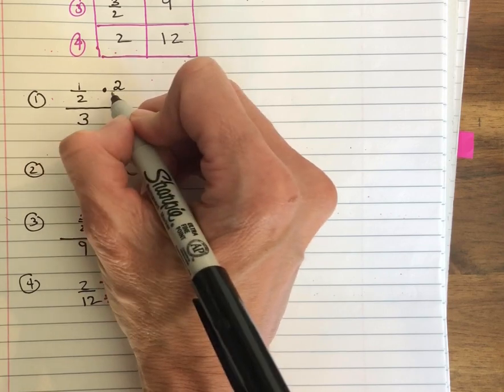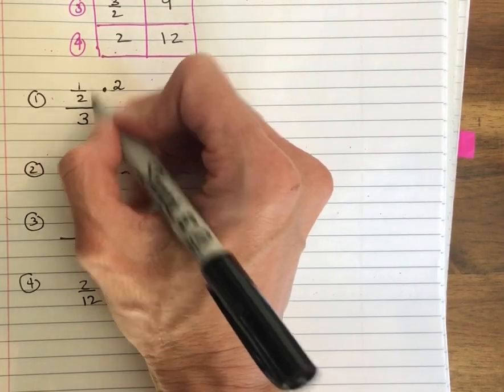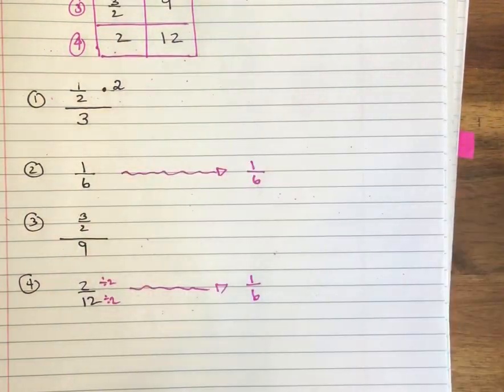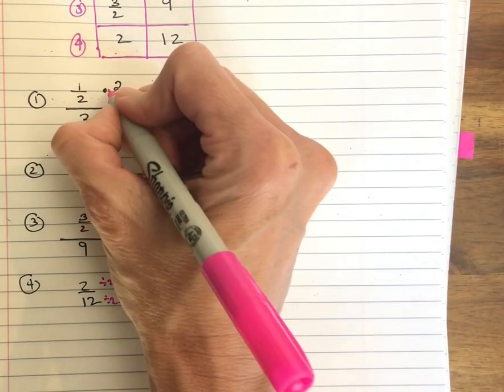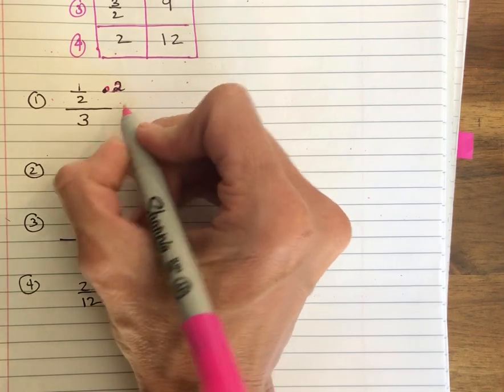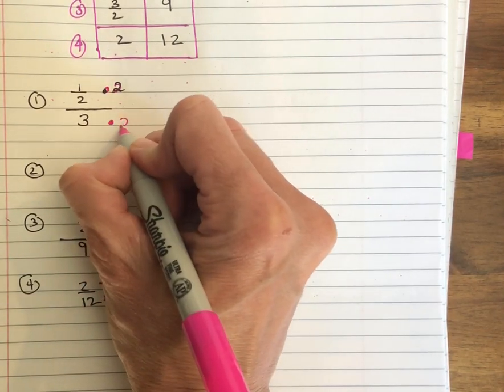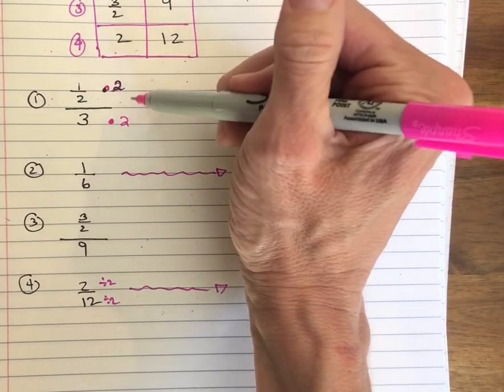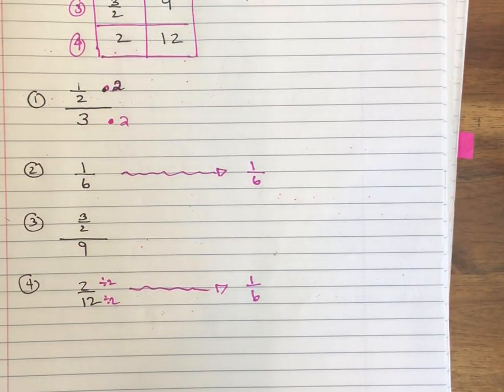Now be careful, because if we keep this fraction equivalent, whatever we do to the numerator, we also have to do to the denominator. Just like we divided both of these by 2, we're going to multiply these both by 2, okay?